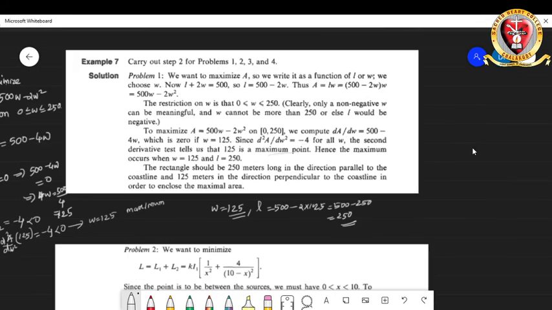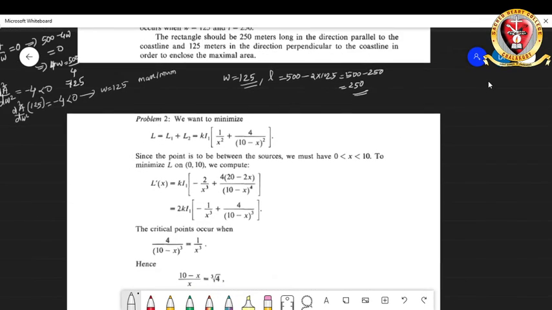So let's see how you can do. We have to minimize the value for L, which is equal to L1 plus L2, and you know that L1 is equal to kI1 divided by x square, and L2 is equal to kI2 by (10 minus x) the whole square.